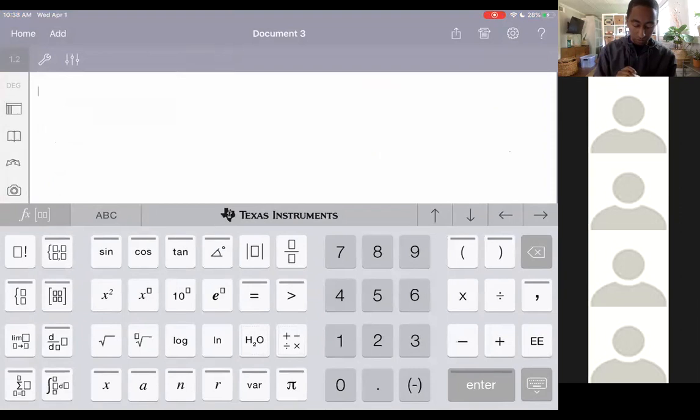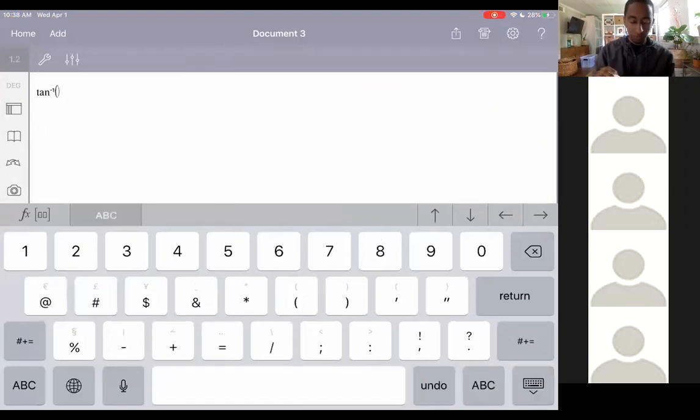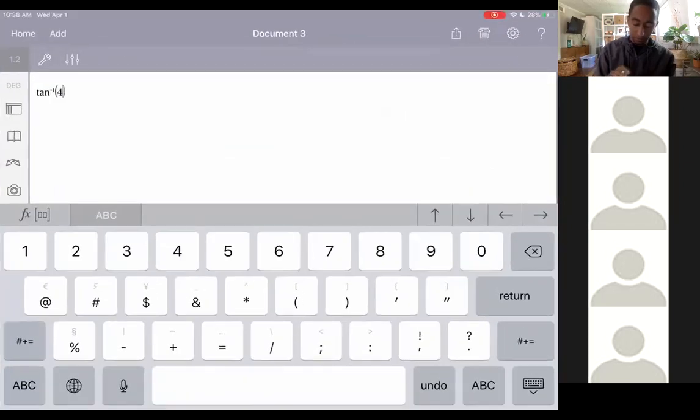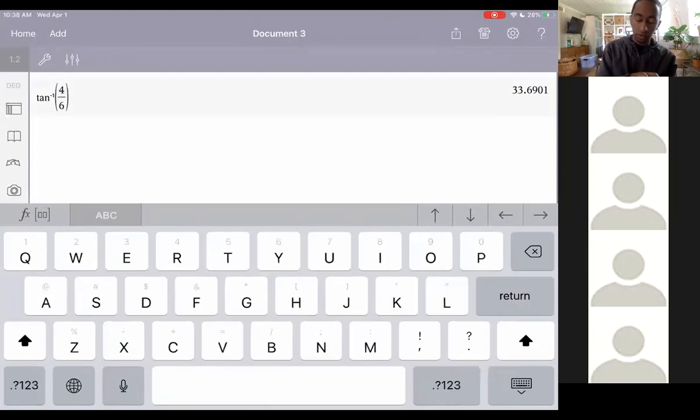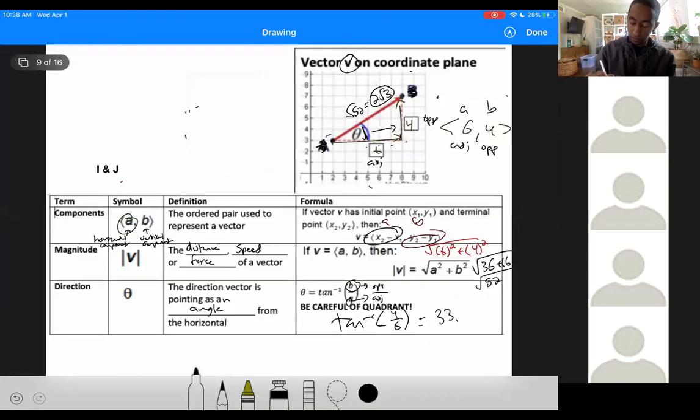Tangent inverse of 4 over 6 is 33.6 degrees. That's going to be your direction for that vector, okay?